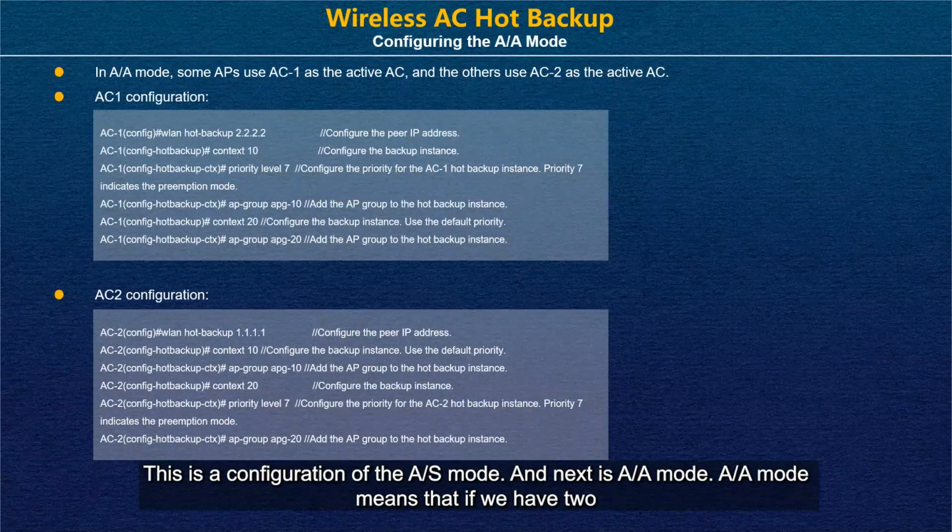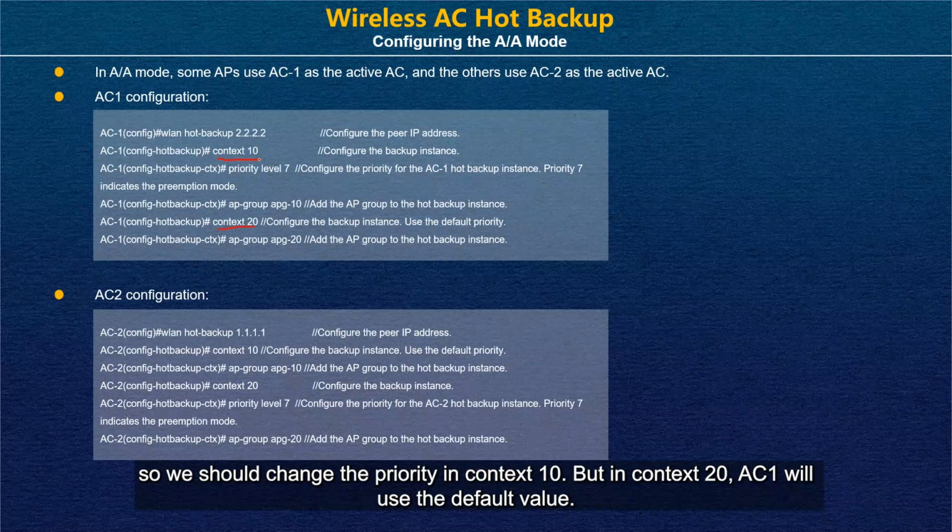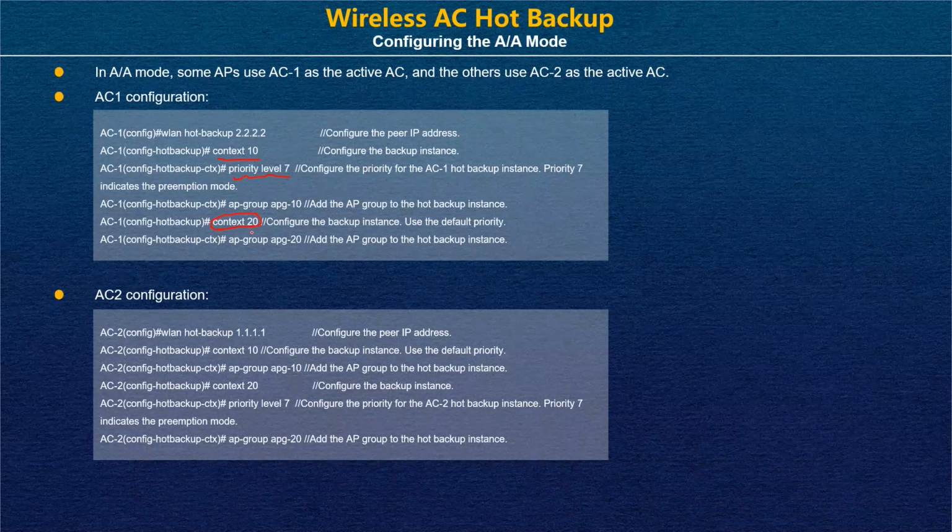AA mode means that if we have two instances, for example, context 10, context 20, and in this case, AC1 is active in context 10, so we should change the priority in context 10. But in context 20, AC1 will use the default value.